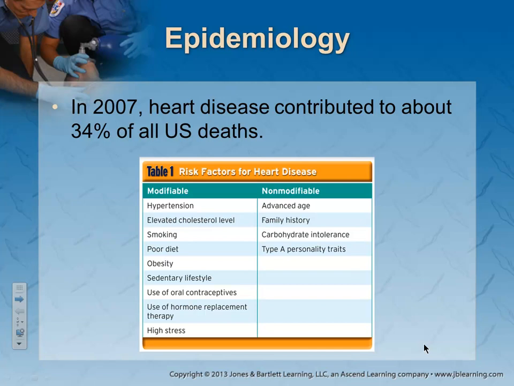Usually, a very large portion of folks in EMS are going to be type A personality types. And a very large portion of folks in EMS are going to eat McDonald's or Zaxby's every day. And a very large portion of EMS is going to use tobacco or smoking products every day. So, you know, we've got to make some changes if we're ever going to be community role models, that's for sure.